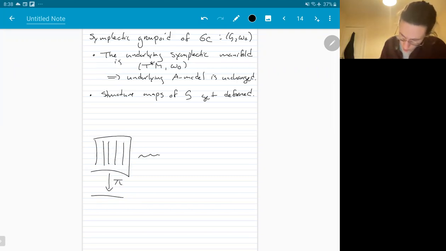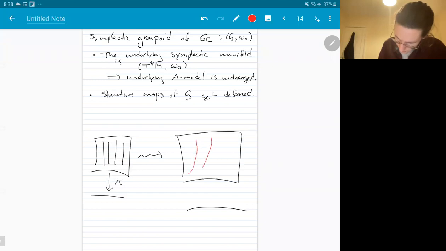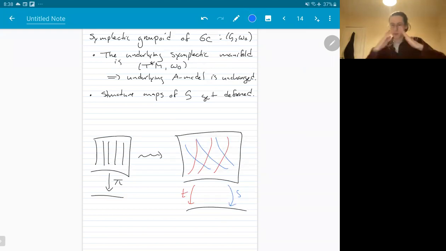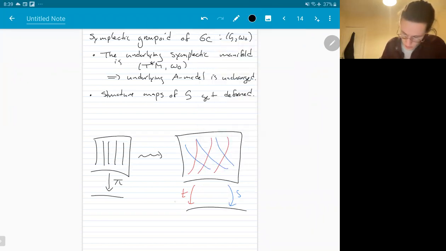When we turn on this R matrix, this single map is going to split now into two maps, T and S. And the product is also, instead of being addition, going to be deformed. So let me just give the target and source.